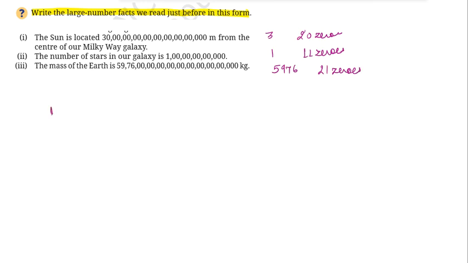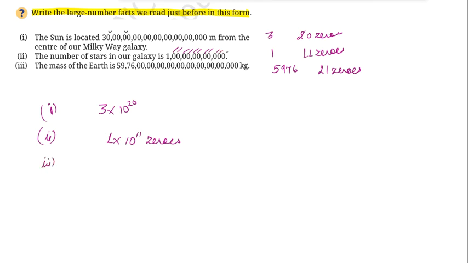Chalo, so let's us write them in the same way. So the first one, can I write 3 into 10 raised to the power of 20, right? 10 raised to the power 20 will give you the number of zeros after 3. Then for the second portion, I may write 1 into 10 to the power of 11 zeros. एक बार वापस से काउंट करें, 1 2 3 4 5 6 7 8 9 10 11, right?